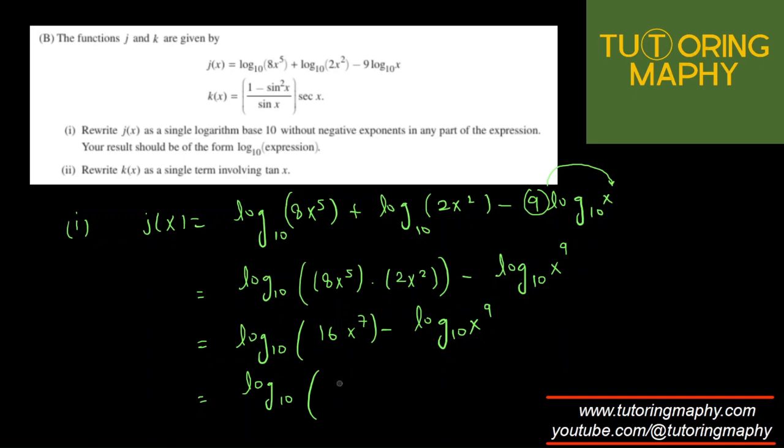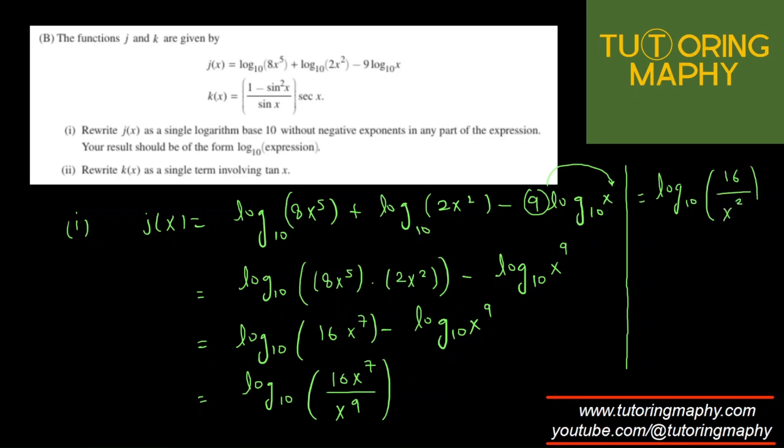So log of the first term, 16x raised to 7, over x raised to 9. But there's more to it because we can simplify this further. The powers of x will cancel, right? So it will become x raised to 7 over x raised to 9, which means 9 minus 7, which is just 2.